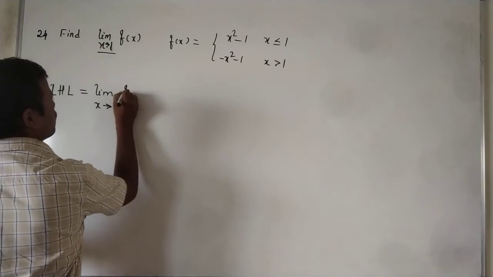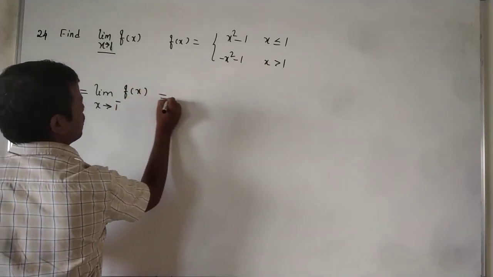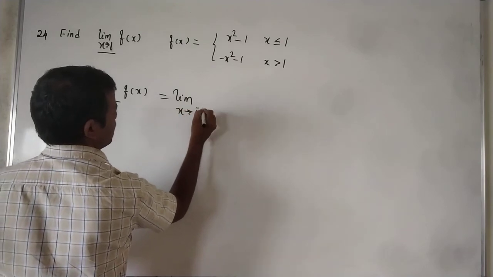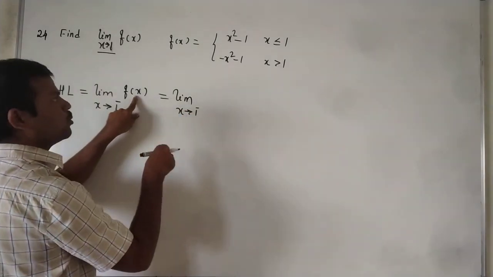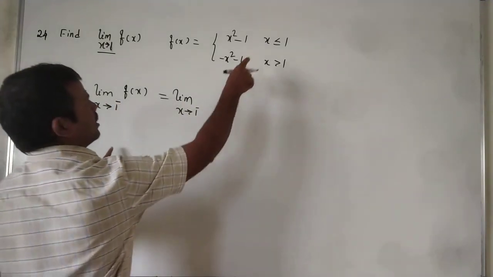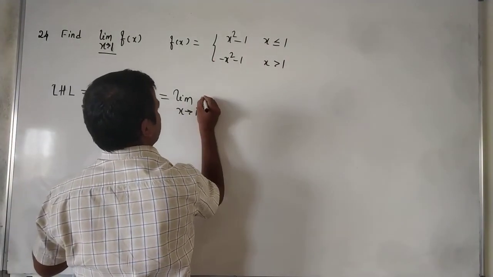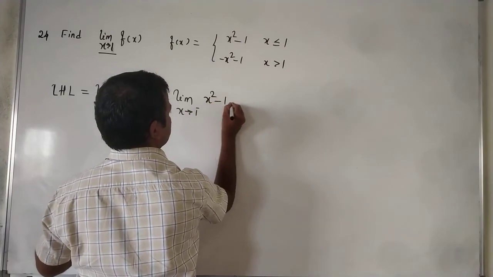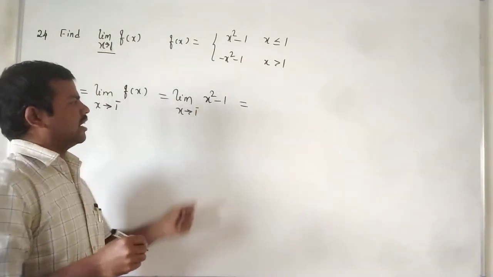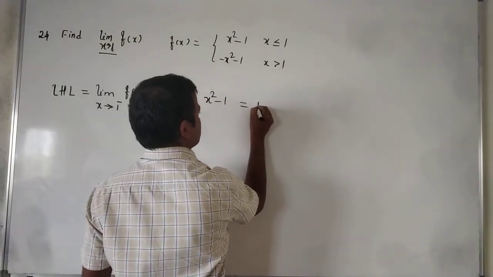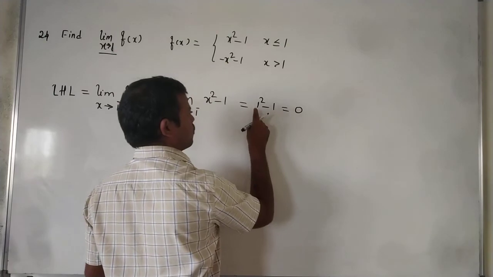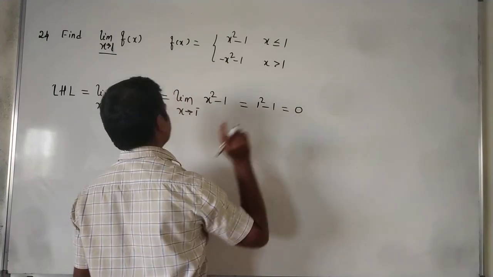So f of x, that is the limit as x tends to 1 minus of f of x, we have to take less than 1, that is x square minus 1. Now where there is x, put the limiting point. So 1 square minus 1 is 0. 1 square is 1, 1 minus 1 is 0.